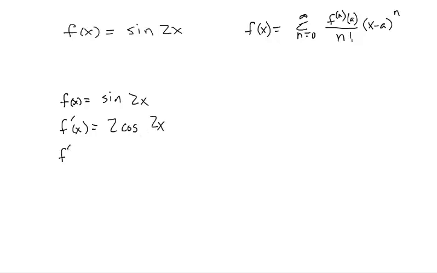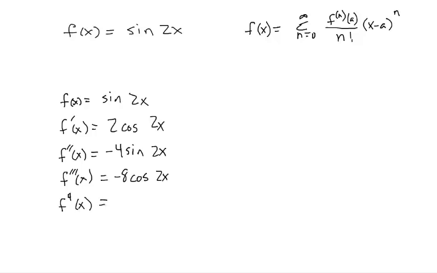F double prime of x is equal to negative 4 sine 2x. F triple prime of x is equal to negative 8 cosine of 2x. F to the fourth prime of x is equal to 16 sine of 2x.